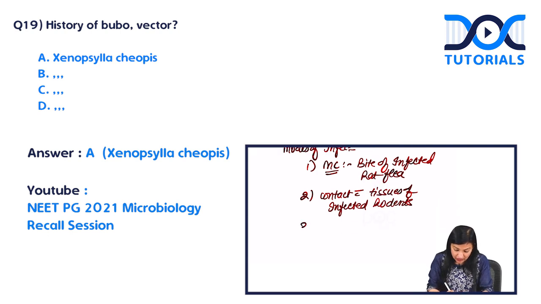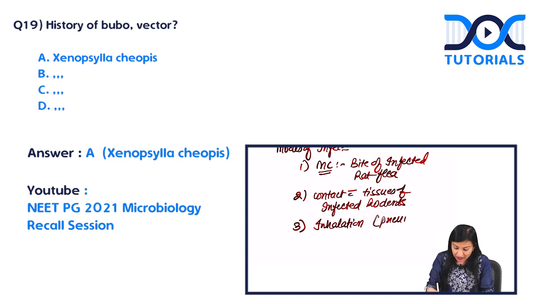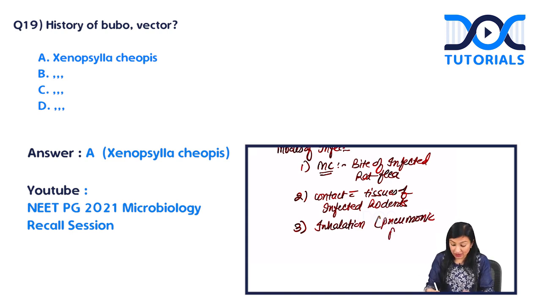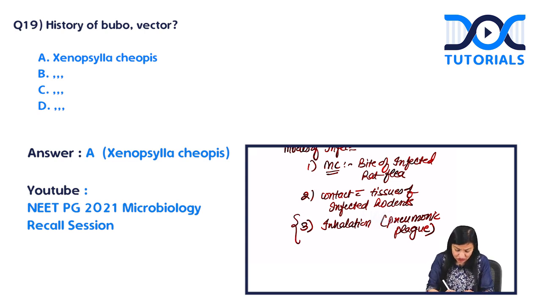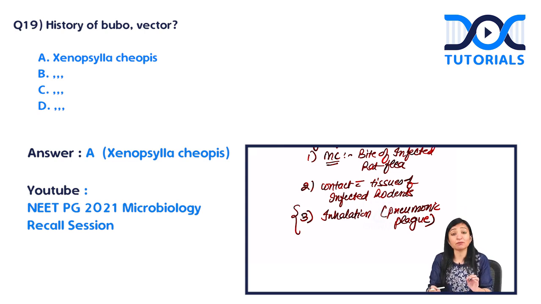Then inhalation also, in case of pneumonic plague. A patient of pneumonic plague is infectious. The person can pass on the infection to other people. The mode of infection is inhalation. I have already mentioned this important point that pneumonic plague is the only exceptional zoonotic disease which is transmitted from man to man. I discussed this during the discussion of Chlamydophila psittaci.